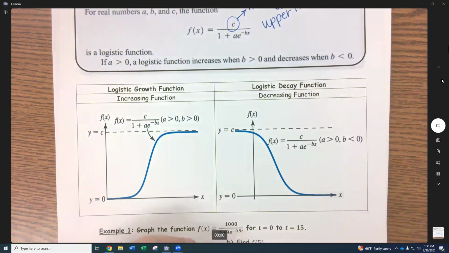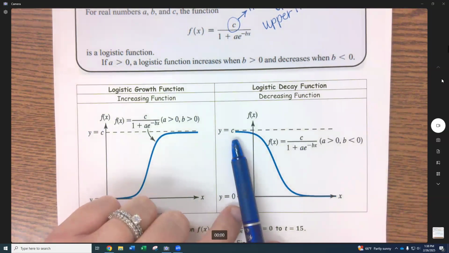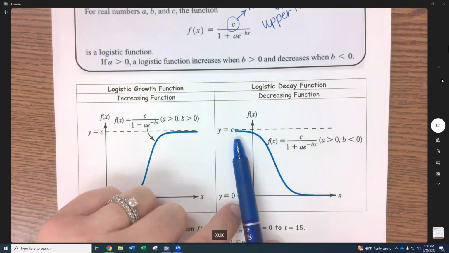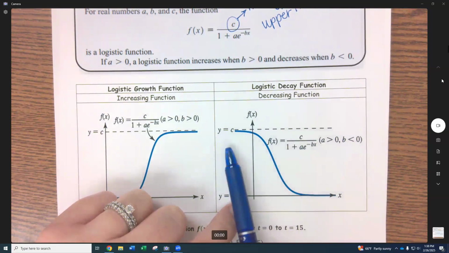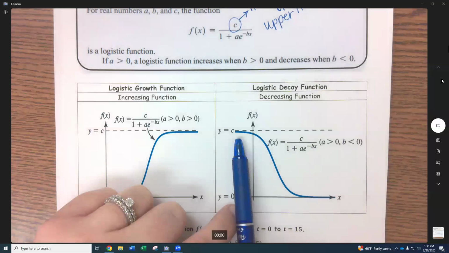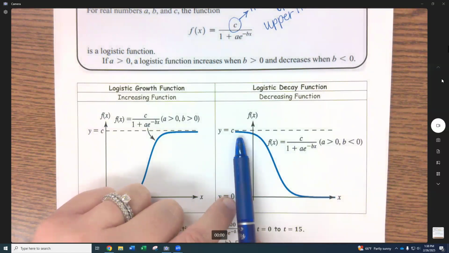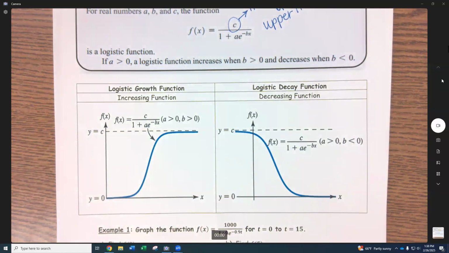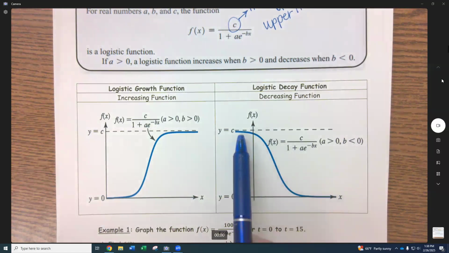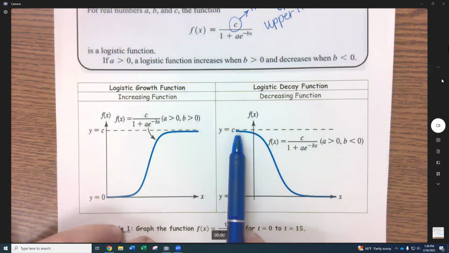Similarly, let's say deer population. I don't know what eats deer, so let's go antelope population. If my antelope population starts really high in Africa, and then all of a sudden we release a new pride of lions, those lions are hungry.